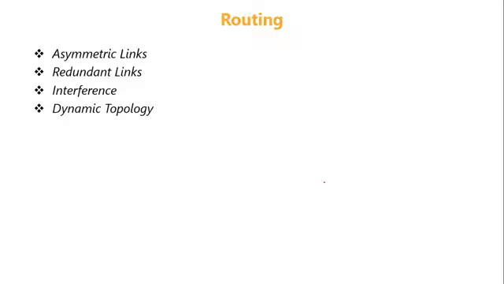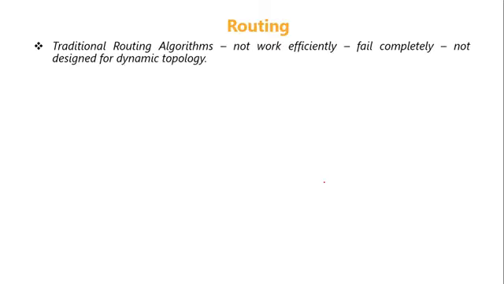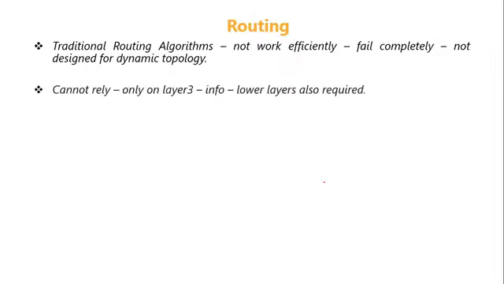So these are the drawbacks why we cannot use the existing routing algorithms that were present in the wired network for wireless networks. Some of the other reasons are that traditional routing algorithms used in wired networks will not work efficiently with wireless ad hoc networks, or may fail completely, and they are not designed for dynamic topology.